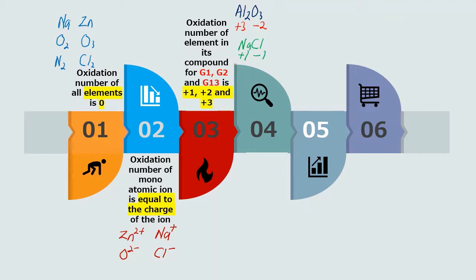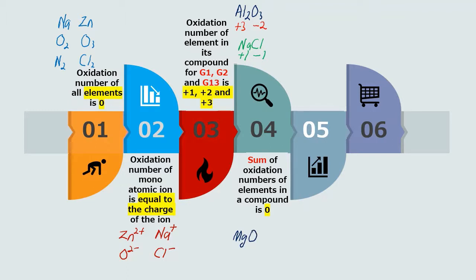Now, can we move to rule number 4? The sum of oxidation numbers of elements in a compound is 0. Okay, what does it mean by this rule? Let's say we are calculating the oxidation number of magnesium oxide.